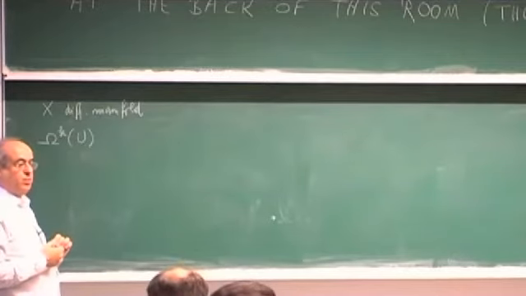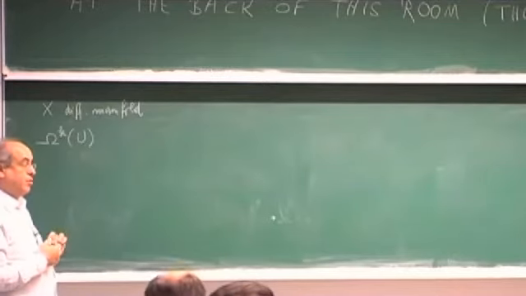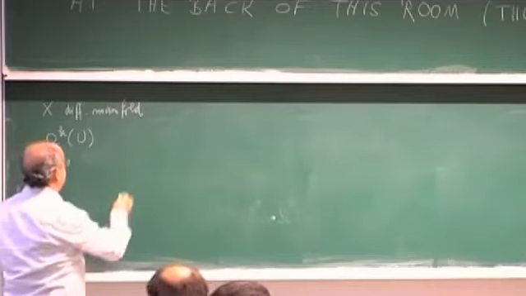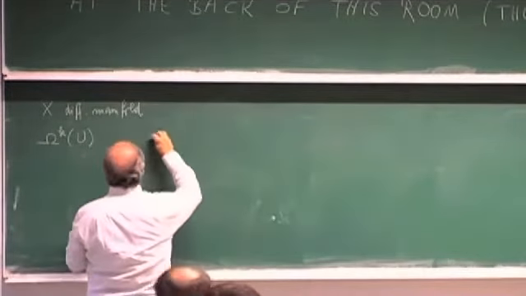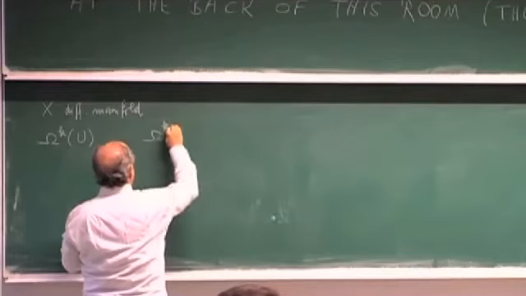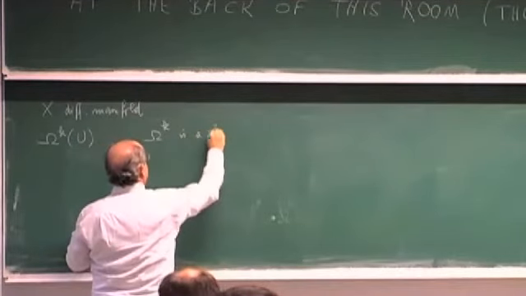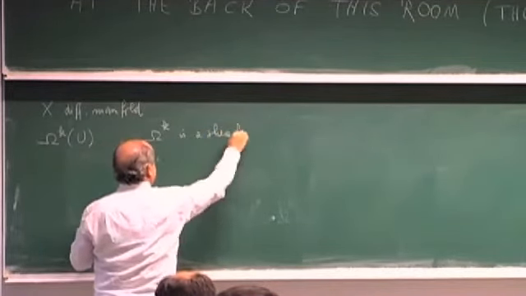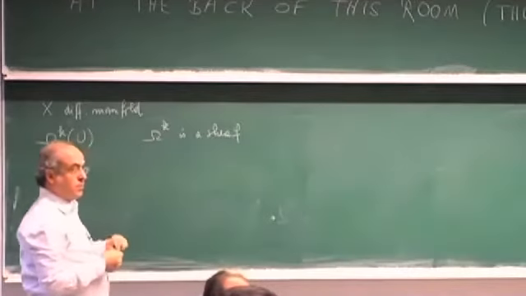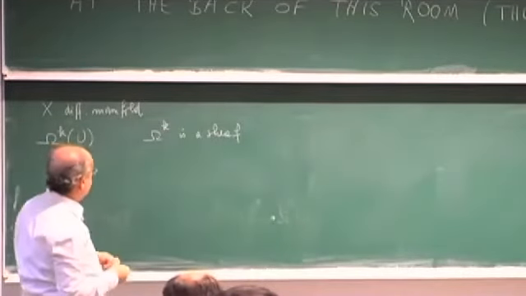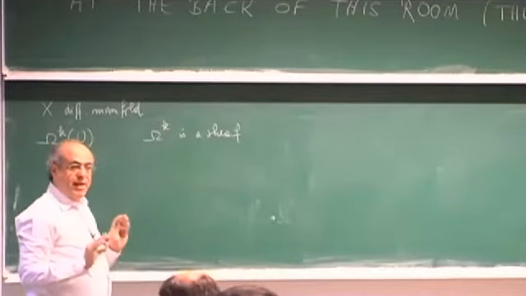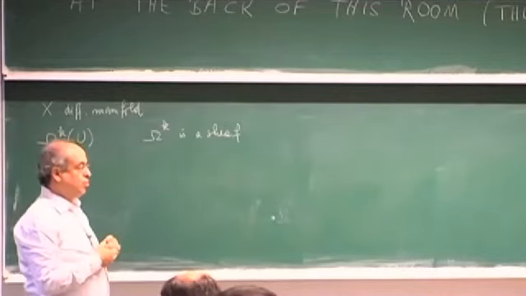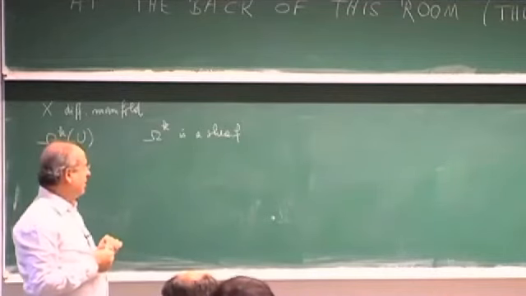On every open set we consider the differential k-forms on it. I claim that this is a sheaf. I leave it to you to show it.